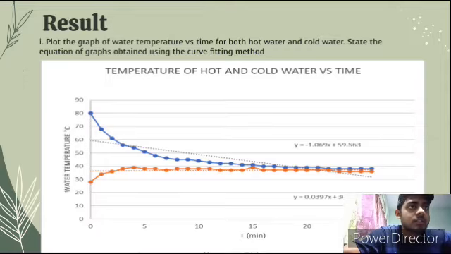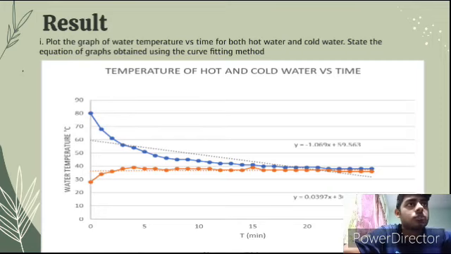The orange dotted line represents the linear line for the orange line, which gives the equation y equals 0.0397x plus 36.262.